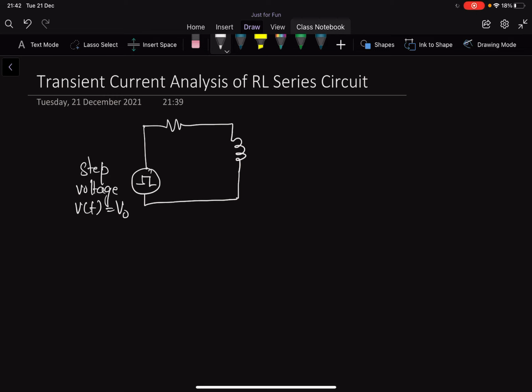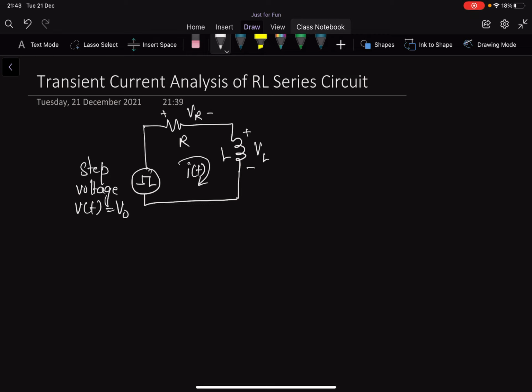R is the resistor, L is the inductor. If we say the current is going in this direction, which is the expression we need to find, I(t), then we can say VR is plus-minus here, and VL is plus-minus over here.